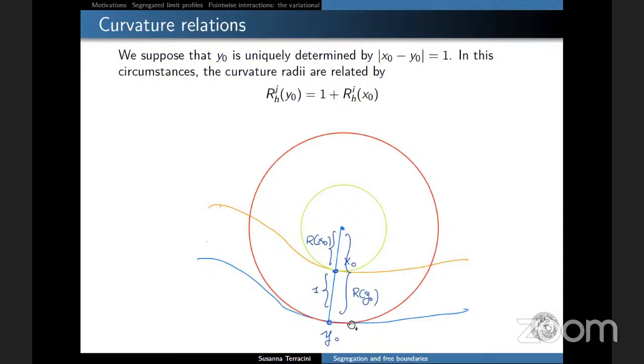Not only that, but to each point of the boundary of, let's say, Si, there corresponds a unique point of the boundary of Sj, at a distance exactly 1. So if you look at the radius of curvature at two corresponding points, y0 and x0, then of course the second radius is 1 plus the first radius.